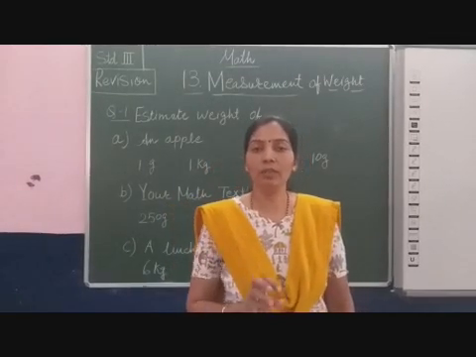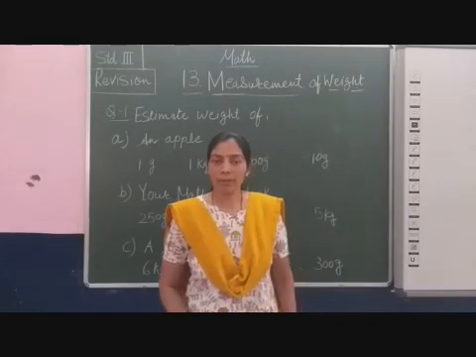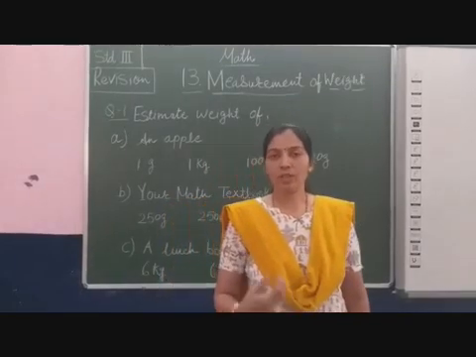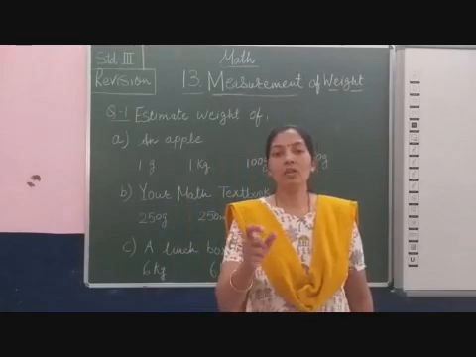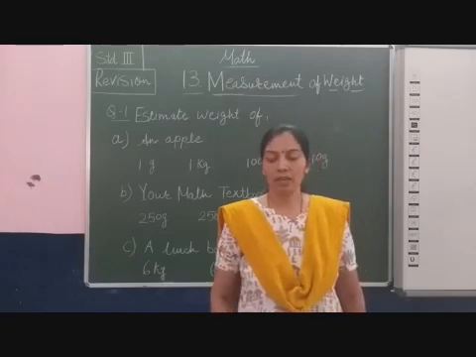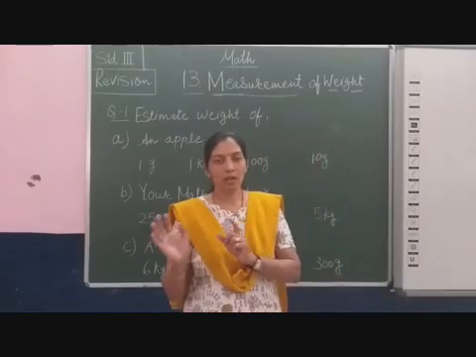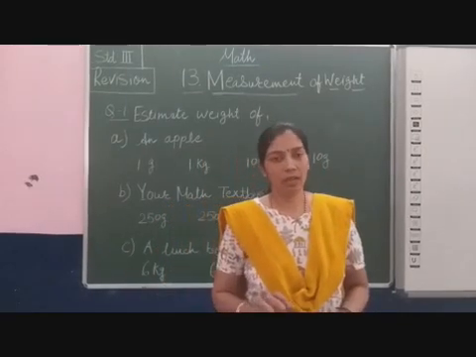Only two units we learn in this chapter, so go through them thoroughly. But for your information, milligram is the smallest unit for measuring weight. Now in class 3 we focus on gram and kilogram.